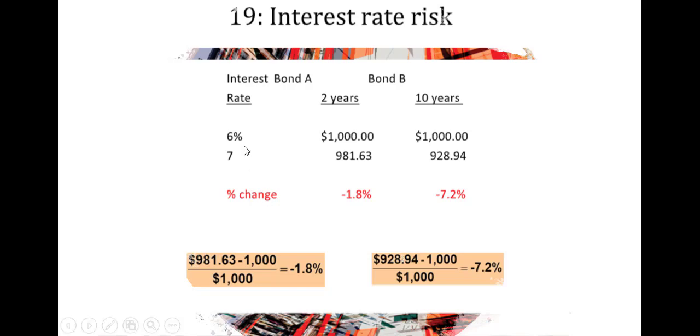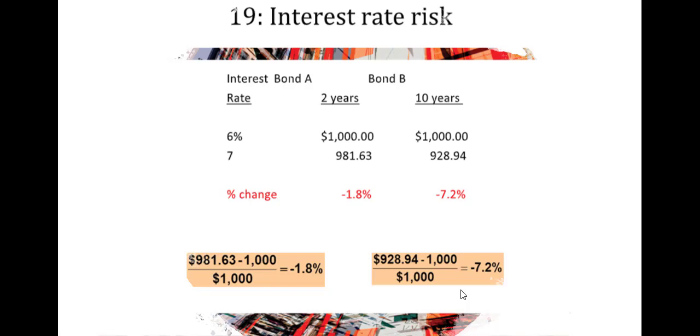If you tabulate this result, as shown in the slide, the percentage change for the 2-year bond is minus 1.8%. We subtract 1,000 from 981.63 and divide by 1,000 to get the percentage change. And for the 10-year bond, the percentage change is minus 7.2%.